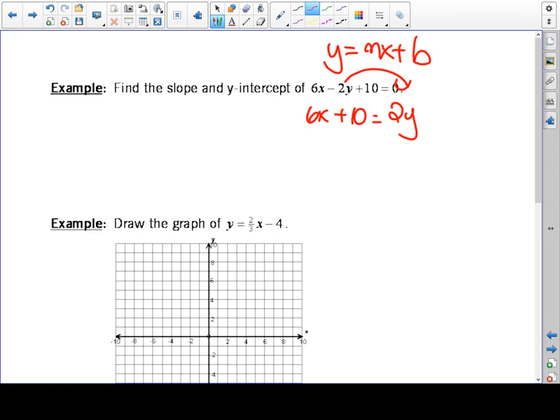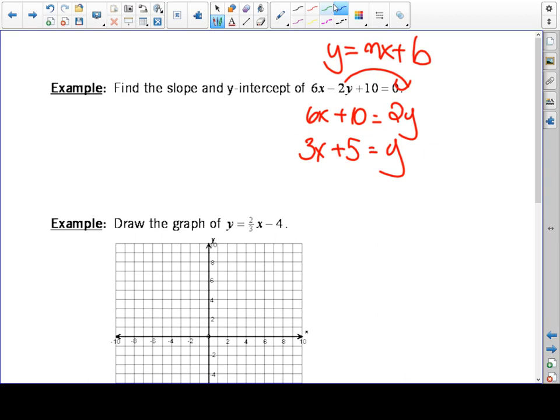So 6 divided by 2 is 3x, plus 10 divided by 2 is 5, and that's equal to y. So now this equation is solved for y. And once you solve for y, then you can figure out the slope and find the y-intercept.